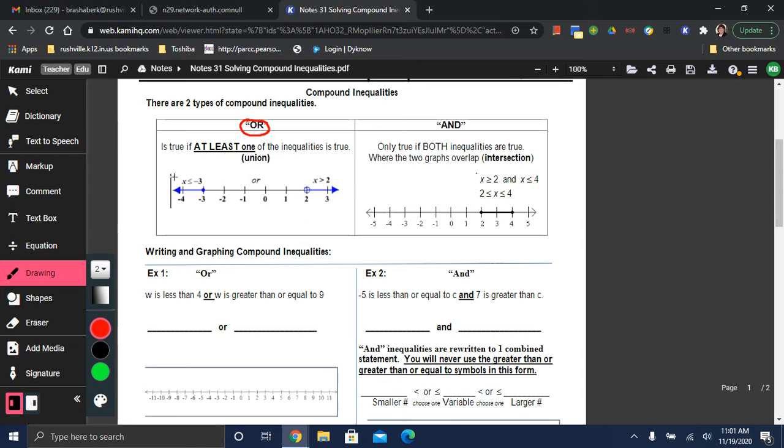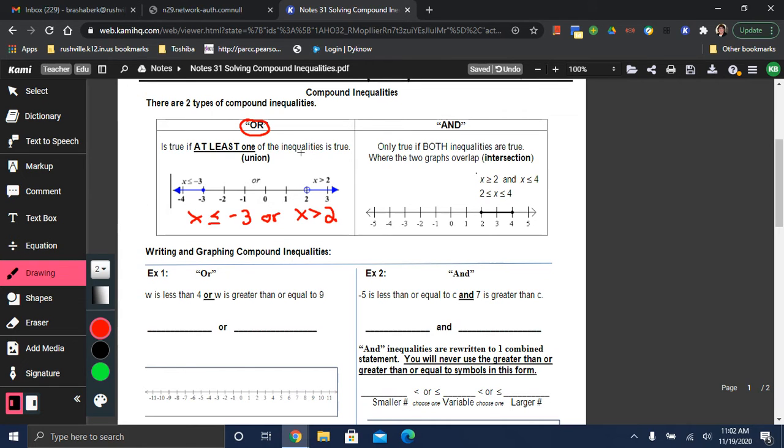But this statement taken together, that x is less than or equal to negative 3 or x is greater than 2, that is what we call a compound inequality, or meaning that at least one portion of the inequality is true. And you will always see the word or when you have those kinds of inequalities.